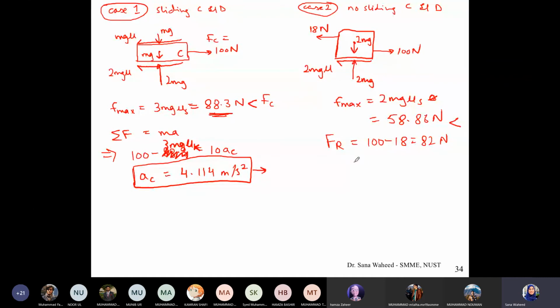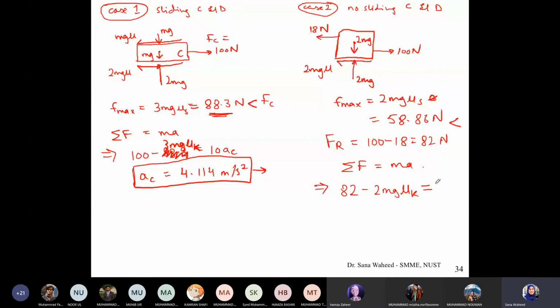So in this case, summation F equals MA, then what do I get? AD: 82 minus 2 mg mu k, right? The force to the right was 82 and the friction is 2 mg, but now because there will be movement, there is motion, that's why it's going to be mu k.